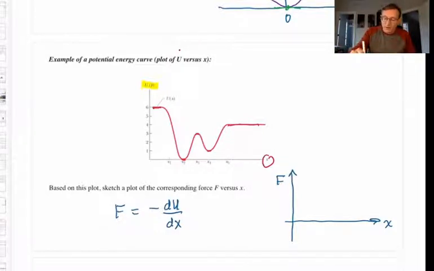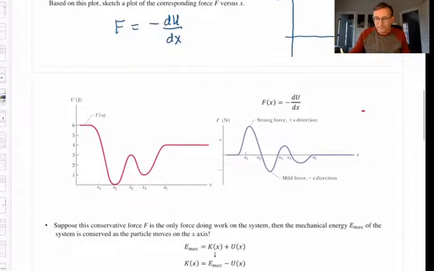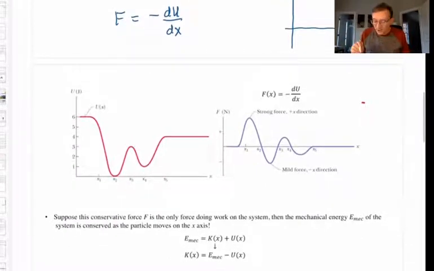Okay, welcome back. I hope you tried this on your own. I'm going to show you now the potential energy curve and the corresponding force curve, and we're going to talk about it. The potential energy curve is in red on the left. That's the one I've shown you already. The force curve in blue is on the right.